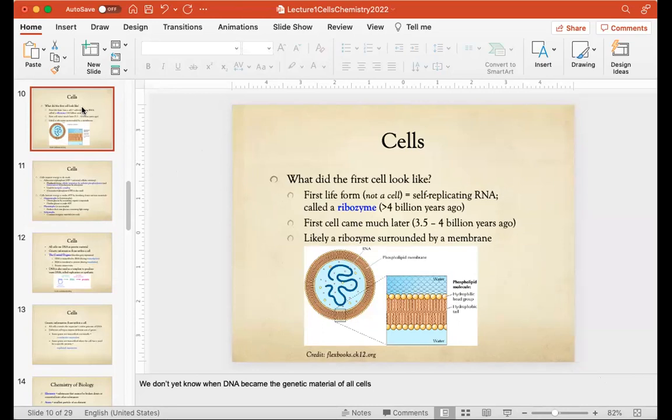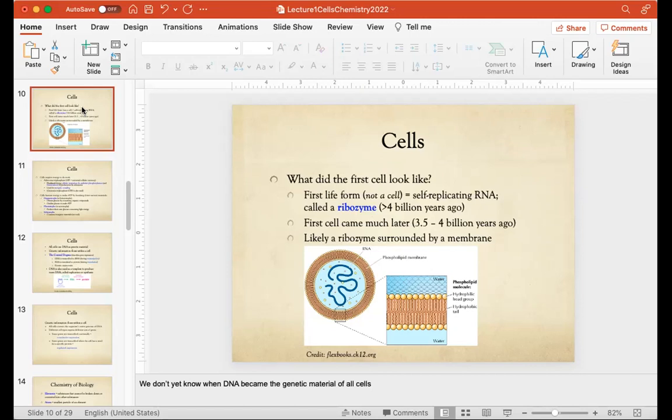And we talked about this finding that the first life form may have actually been a ribozyme. And remember, we said a ribozyme is not a cell, but rather a piece of RNA that's capable of copying itself. We know there are still ribozymes present.